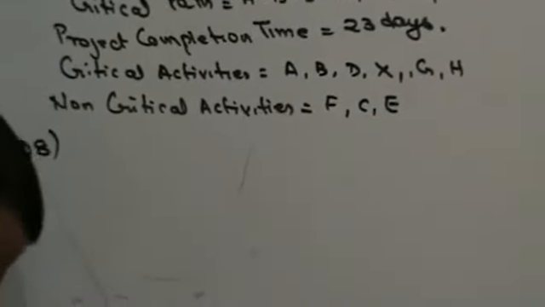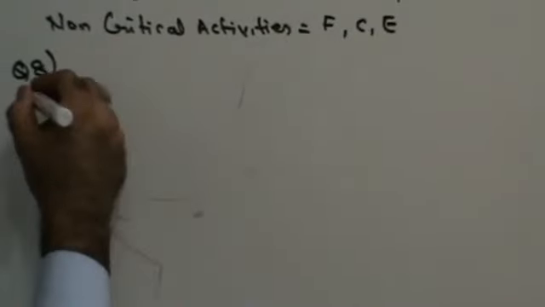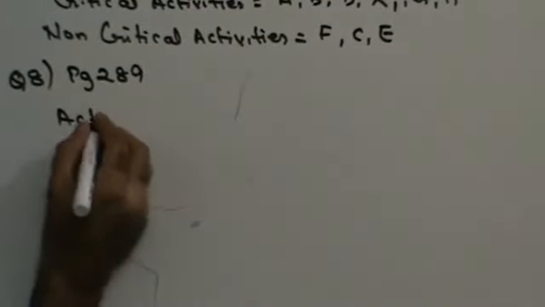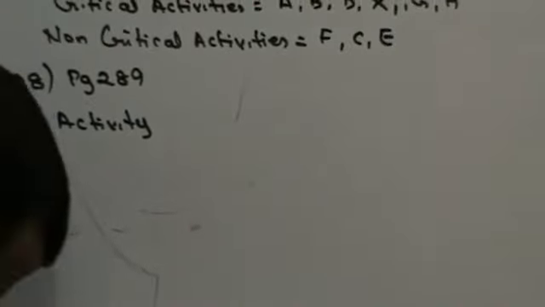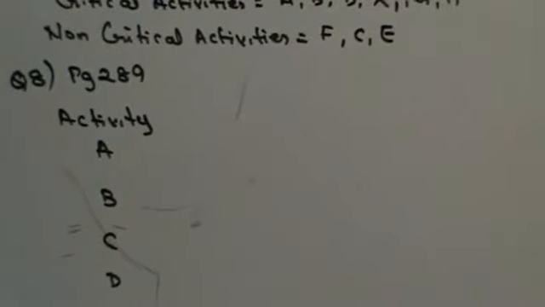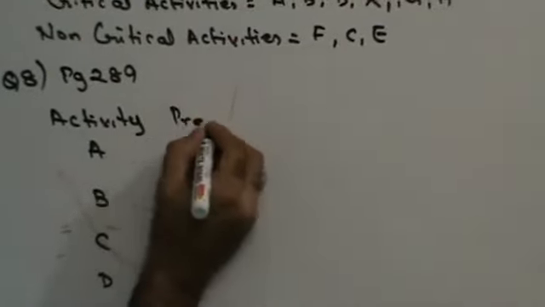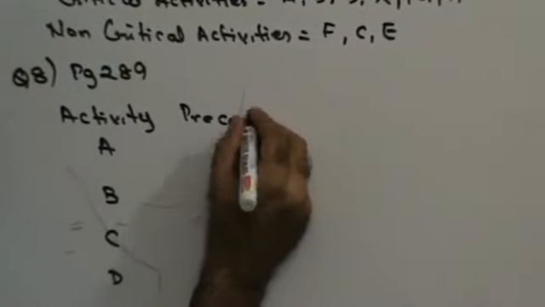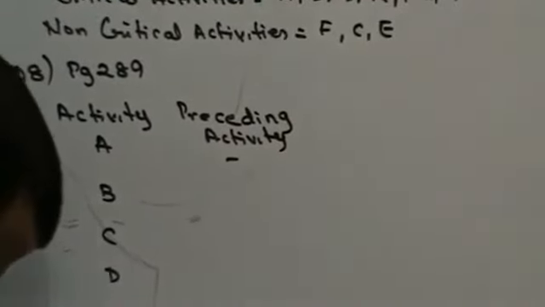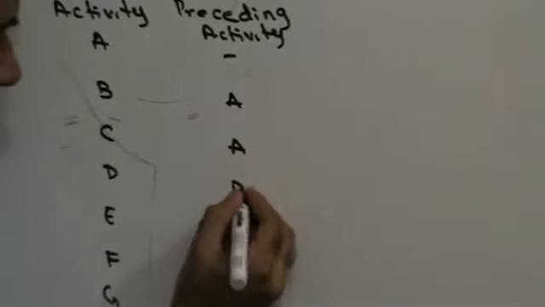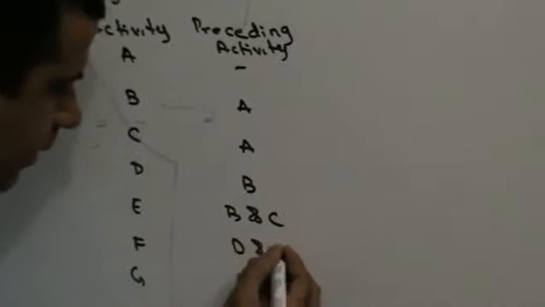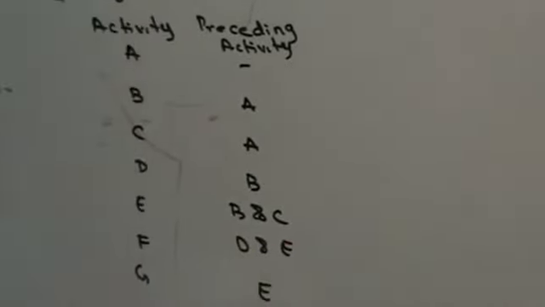We are doing question number 8, page 289. Let's see the activities. Activities are A, B, C, D, E, F, G. Preceding activity: you don't have anything for A, then A, B, B and C, D and E, and E, right?